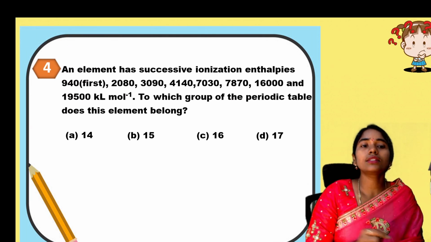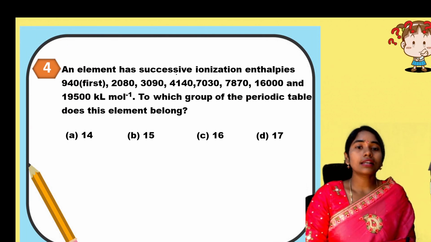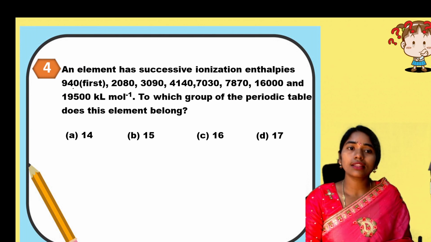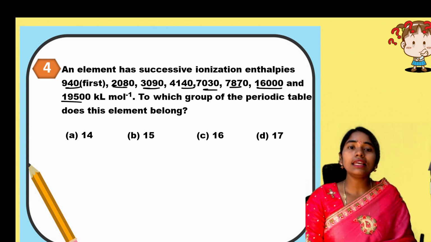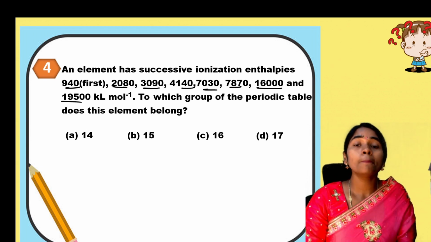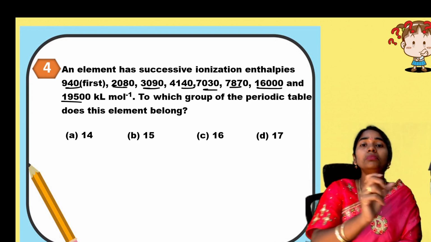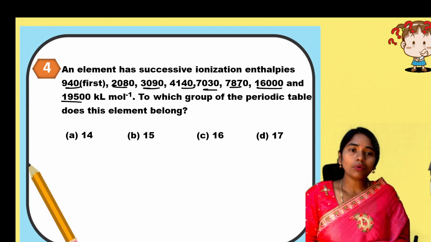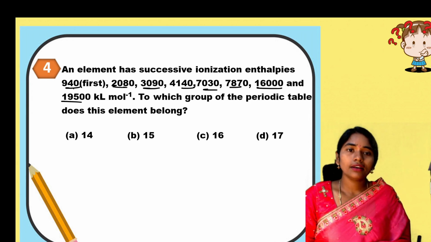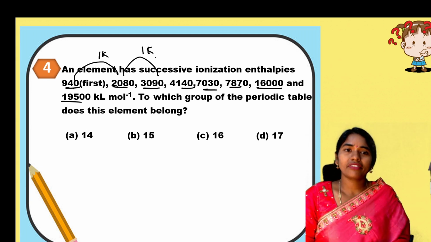See this question: an element has successive ionization enthalpies, first, second, third, fourth, fifth, sixth, seventh and eighth. These many ionization energies are there. They are asking to which group this particular element belongs. What you need to do is just count. Roughly 900 and 2000, then 1000 difference, then 1k difference, 3000, 4000 by rough calculation.